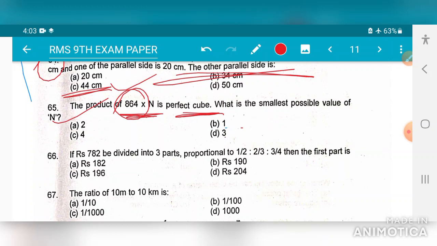Next, 66th one. If rupees 782 be divided into 3 parts proportional to 1 by 2 is to 2 by 3 is to 3 by 4, then the first part is?